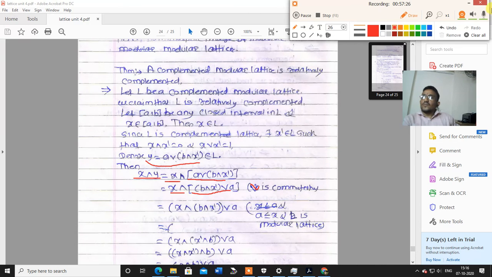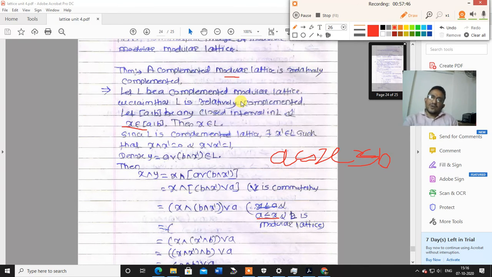Here X is an element of the closed interval AB, so X is related to B and A is related to X. Here L is a modular lattice, so we satisfy the modular law.